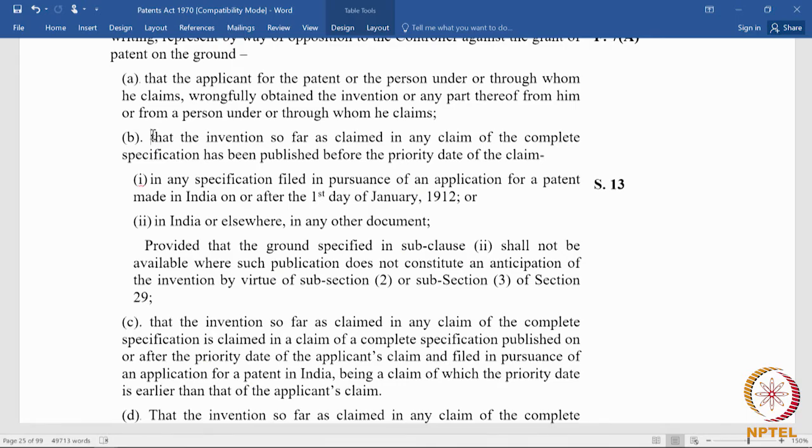We had also mentioned that the sequence of patents that are numbered currently, in Rule 37, we had mentioned that we are still following the numbering sequence that was given under the 1911 Act. The Indian Patents and Designs Act 1911 came into effect on 1st January 1912. So, wherever you see this phrase first day of January 1912, it refers to the coming into force of the Indian Patents and Designs Act 1911.